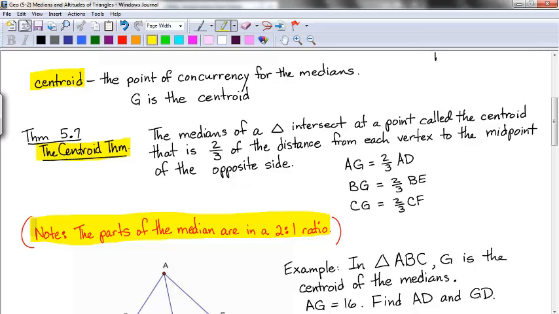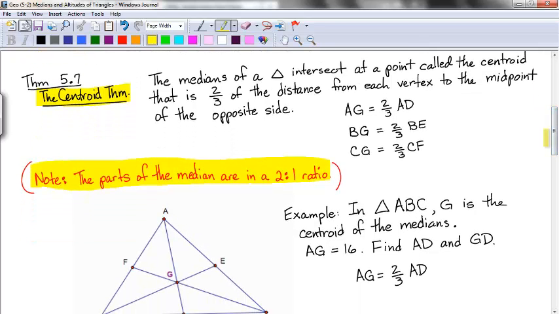So the centroid theorem says the medians of a triangle intersect at a point called the centroid, that is 2/3 of the distance from each vertex to the midpoint of the opposite side. But I think both those are critical. Do they give you the whole thing and they want to find the bigger segment? Then it's 2/3 of that. Okay?